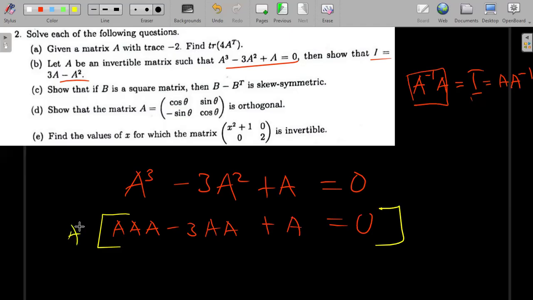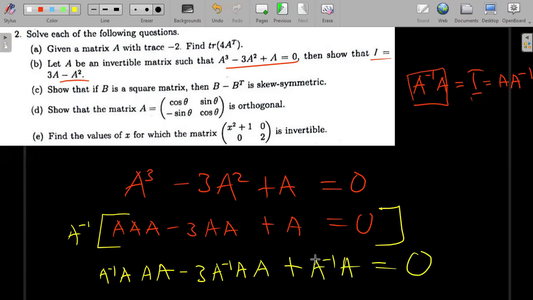So if I multiply by A inverse here, I'll get A inverse with one of these A's, and then I have A, then minus 3. The A inverse goes to this one here, so it will be A inverse, and then A, and then I also have A, and then plus A inverse A is equal to 0.